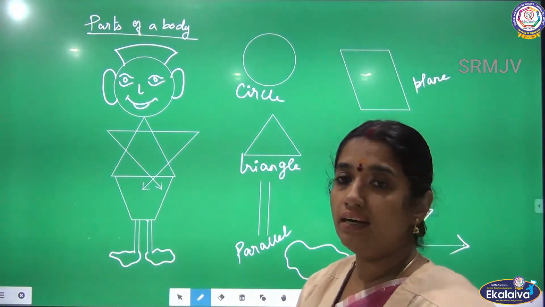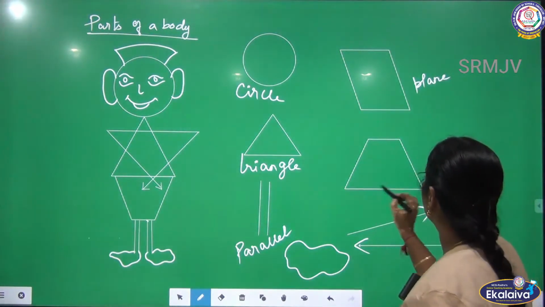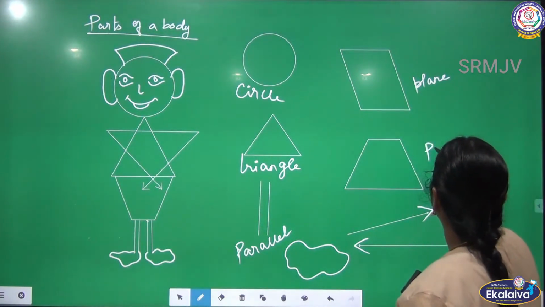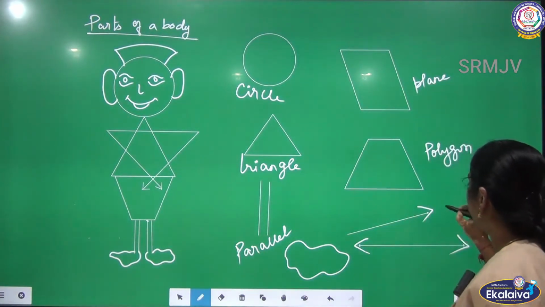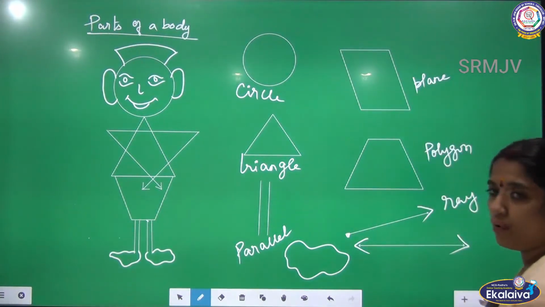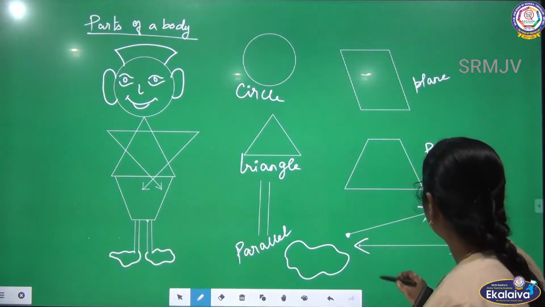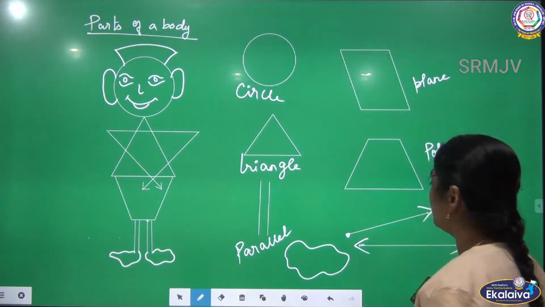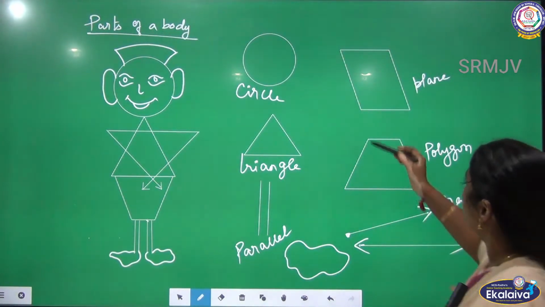We can extend the plane. Okay, and this here is a, what is it? Polygon. Okay, ray. A starting point you know that, but an ending point we don't know the end part. So it is a ray. Next, this is what? Line. We can extend in both the directions.